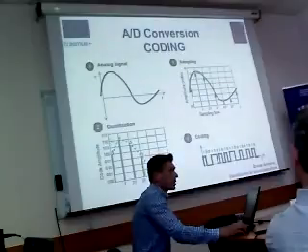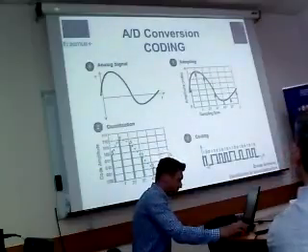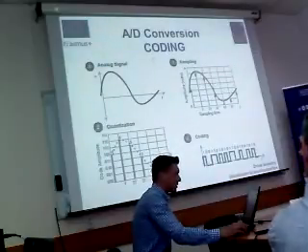What's going on with this code? This code goes to the output register of the analog digital converter. For how long?